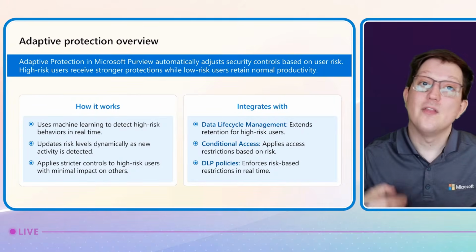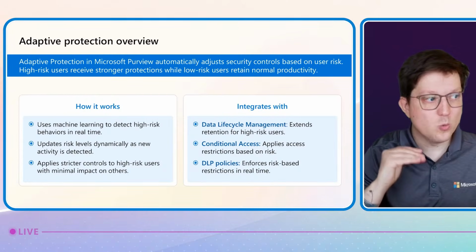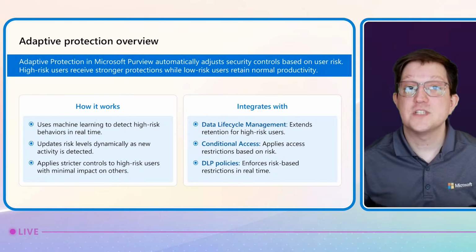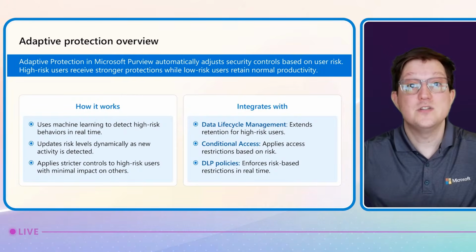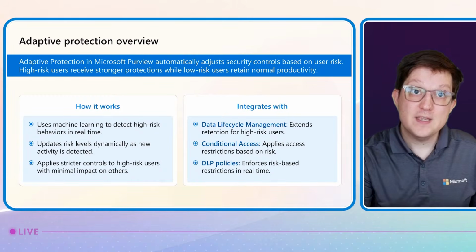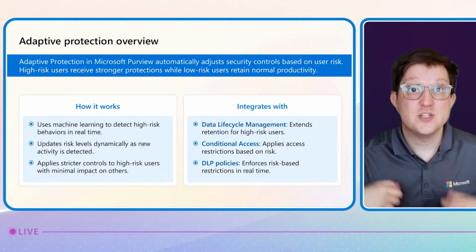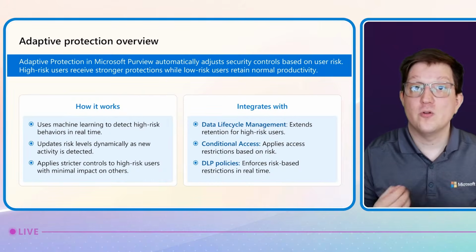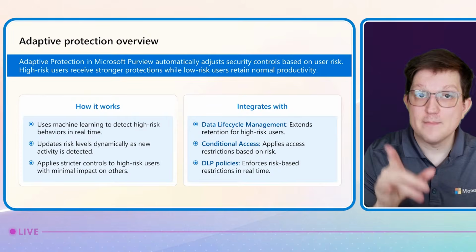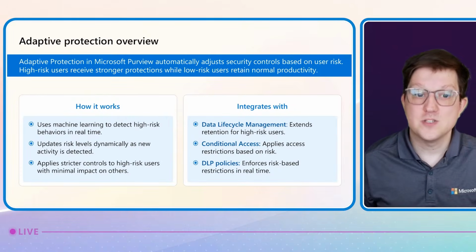You set here the high risk thresholds of what is that low, medium, high style risk, and then you can apply the different types of controls based on what you need to do down there. Just remember for the exam, this is where we configure and set up our adaptive protection that is used by everyone else along the way. If it talks about licensing, E5 plus IRM, that is the language to look for in terms of the options.